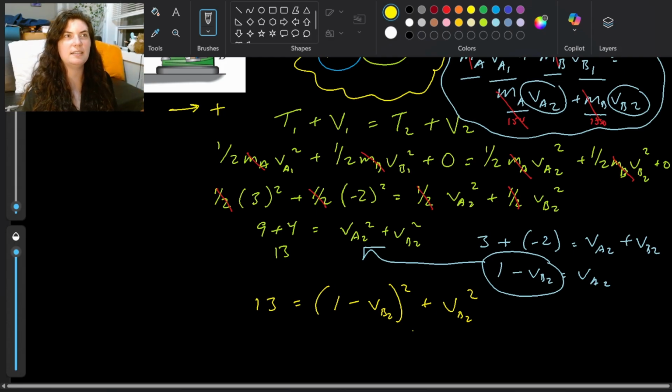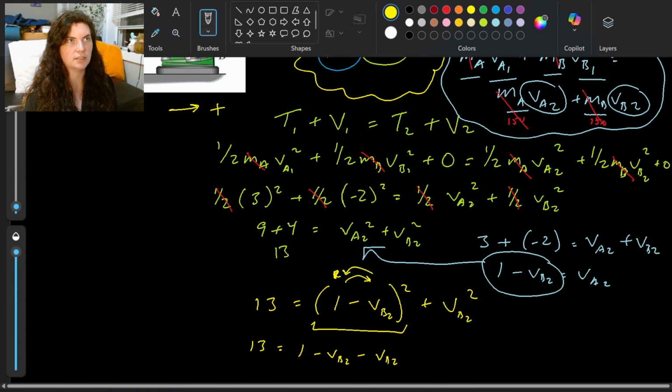So, for example, when I get to this point, I know I need to FOIL out this term from math. So I get 13 is 1, and then minus VB2 minus VB2, multiplying the first times itself, 1 times 1, and then the inners, and then the last by itself, plus VB2 squared.